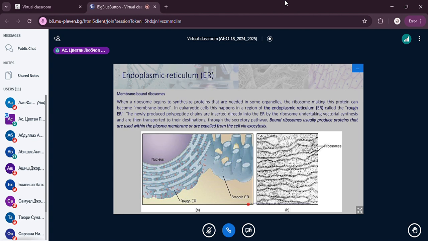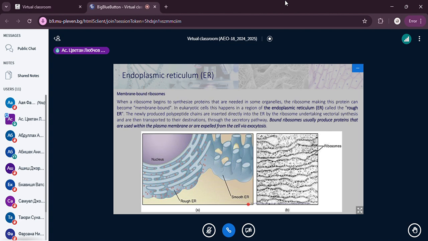But this is not everything the smooth endoplasmatic reticulum is doing, guys. Smooth endoplasmatic reticulum can be storage. It actually stores the calcium ions in the muscle cells. We'll get to the muscles to talk about this smooth endoplasmatic reticulum, and then we're going to call it sarcoplasmic reticulum, guys.